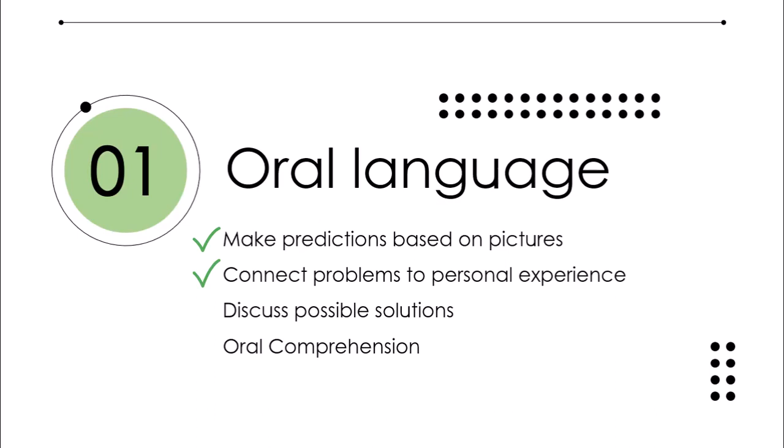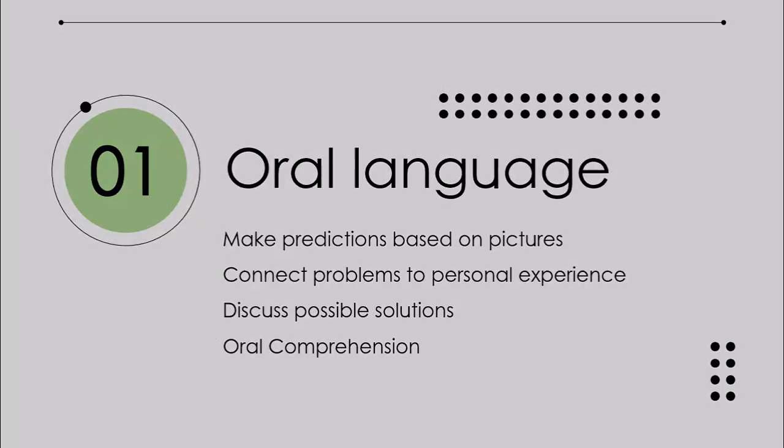Connect the problems in each story to students' lives, and then extend this to include brainstorming possible solutions. Finally, before you move on to the text, you could check for understanding of the oral language and pictures to see if students are ready to move on to the text that matches the story.